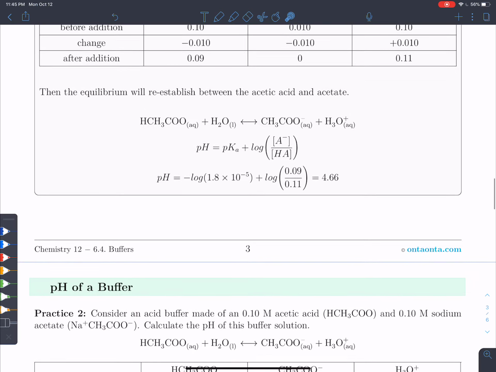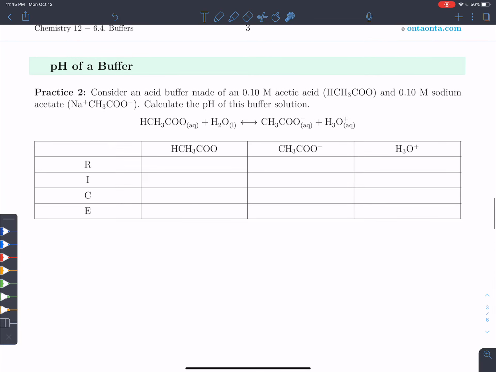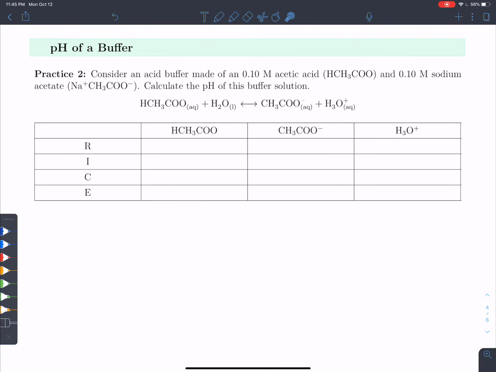So let's expand our thinking to practice question number 2. Practice question number 2 asks us to explore the same acidic buffer, but they want us to calculate the pH of this buffer solution.